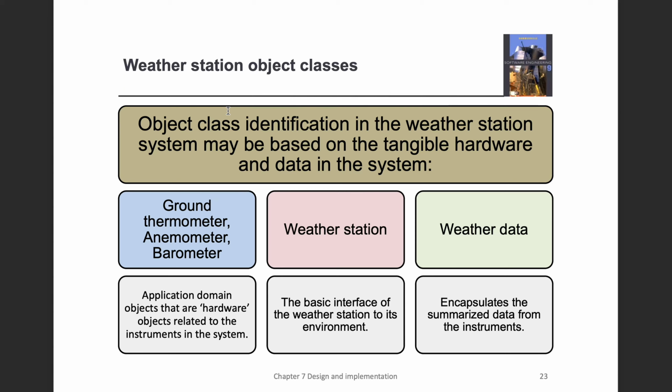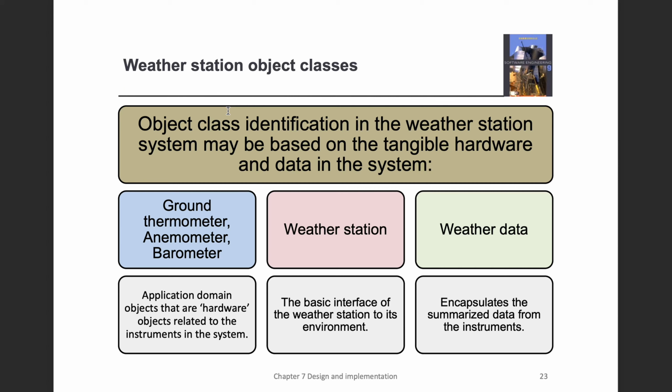The first ones, the devices we talk about, are the domain objects, or the hardware objects that relate to the instruments in the system. So hardware is one of the objects that can be identified, and the weather station itself is the basic interface of the weather station to its environment.